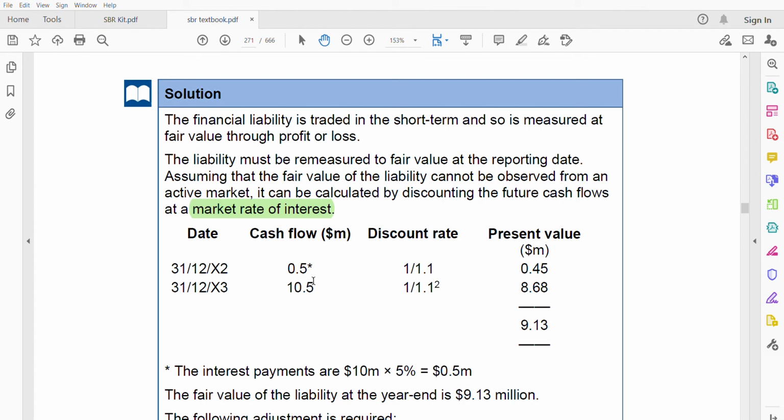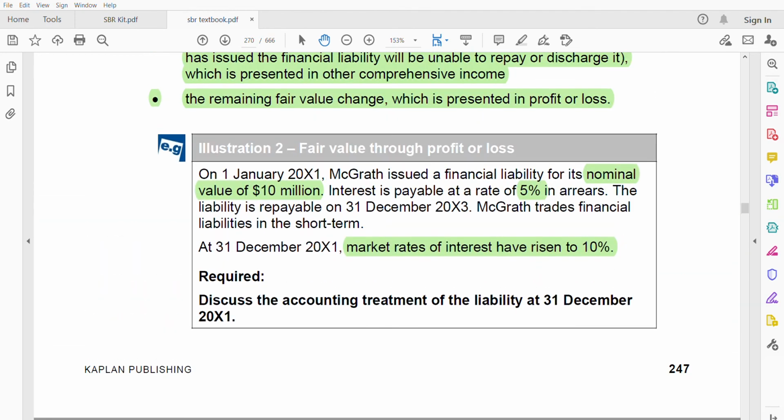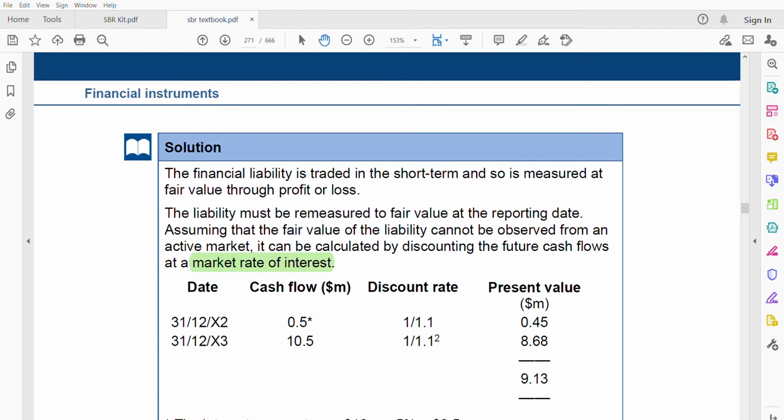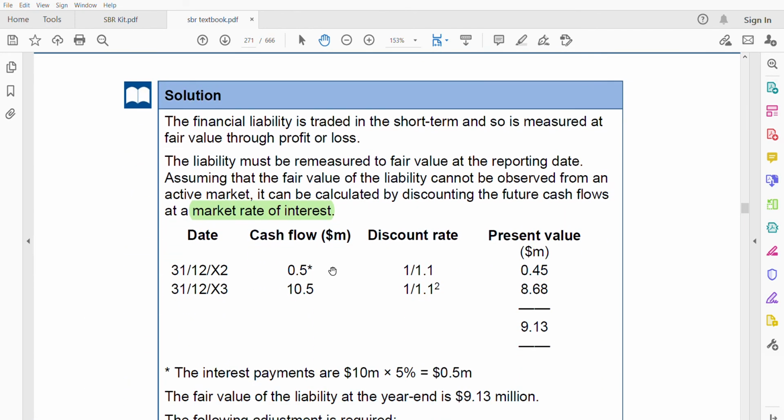So what is it? It is 10 million at 5%. So the cash flow will be 5% on that 10 million, interest only, 0.5 million. This is how you get the interest payment. On that, you discount using 10%, because 10% is the market rate of interest. In the last year it will be the 10 million plus 0.5, so 10.5, and you discount. Make sure that you know how to discount like this.